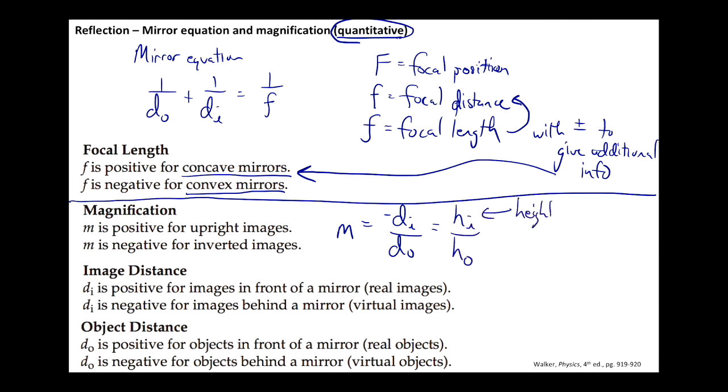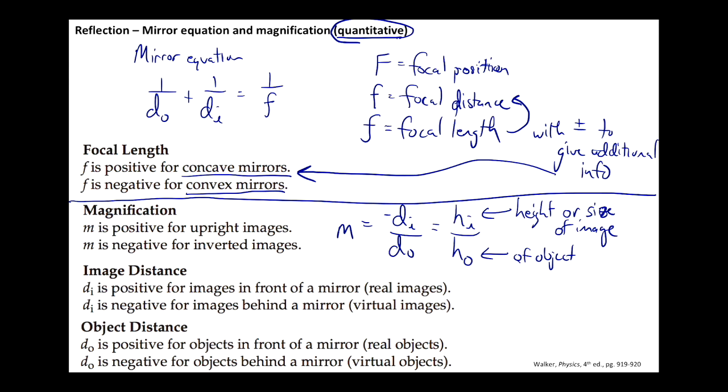So we'll call this the height or size of the image, and this is of the object. So magnification, it makes sense, is just how big the image is compared to how big the object is. Is the image bigger? It's magnified. Is the image smaller? Well, then I guess you could still say it's magnified, but magnified in a degrading way. The image is smaller than the actual object itself.